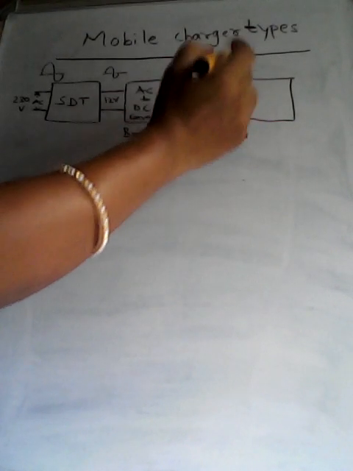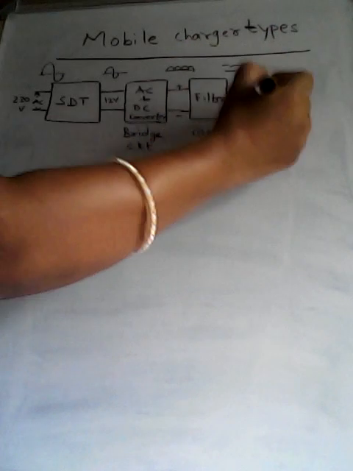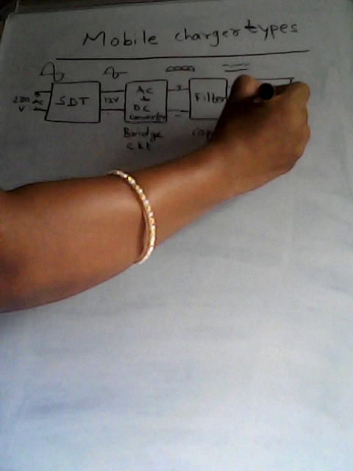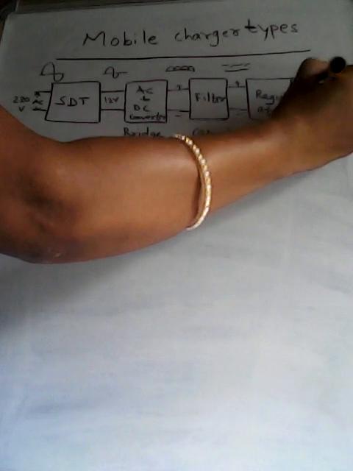Then after this voltage has to be maintained constant, and that can be done by making use of regulator circuit, and the output of this will be the required voltage that we require, that is 5 volts.